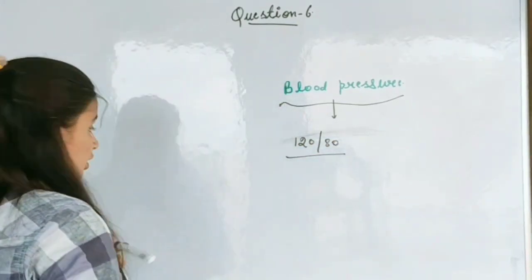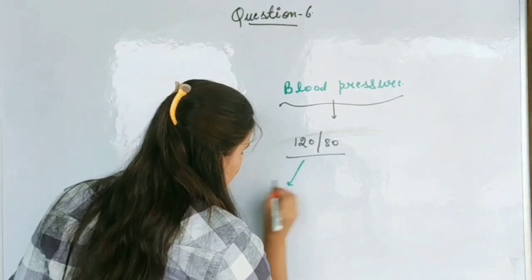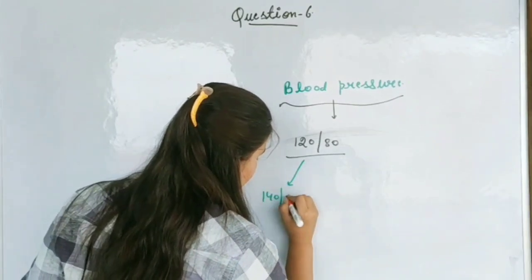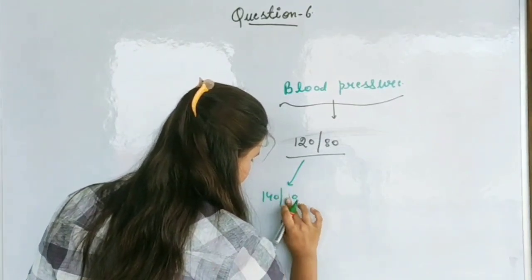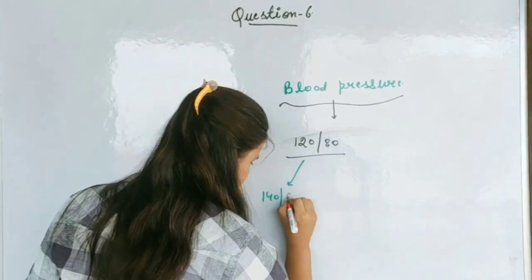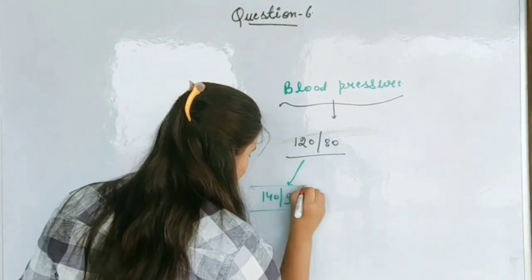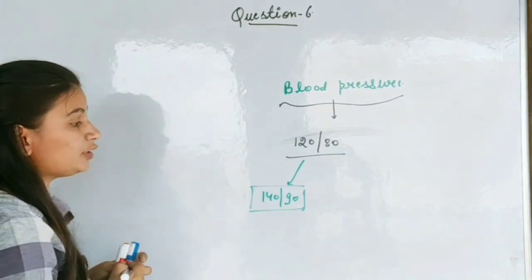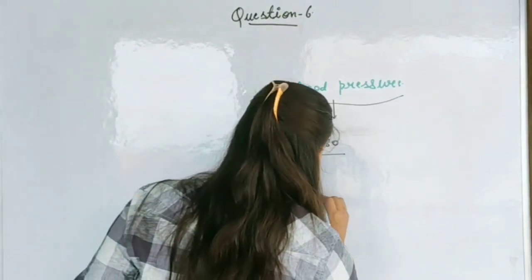But if it exceeds 140 and 90, hypertension is going to take place.